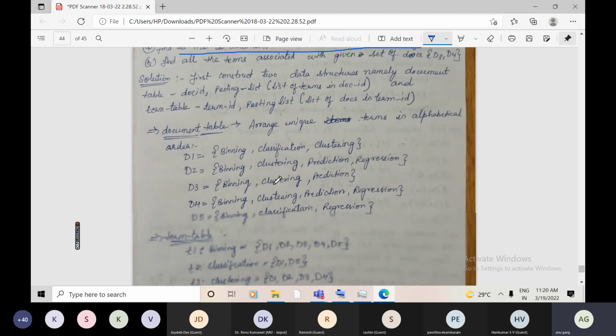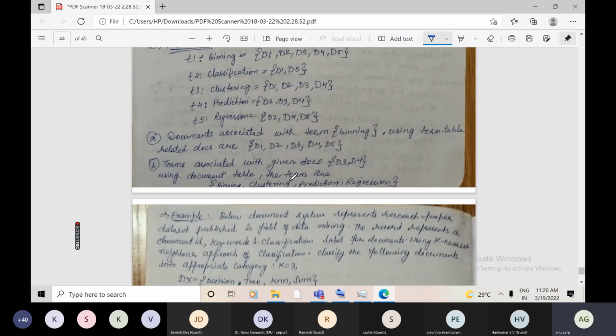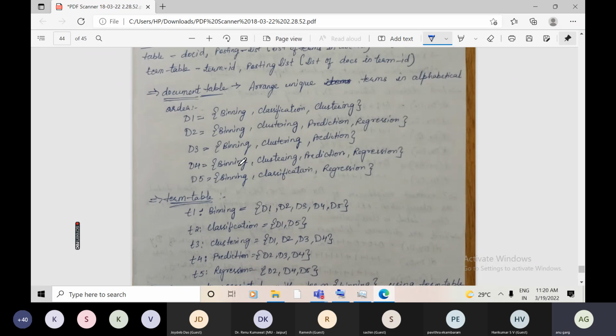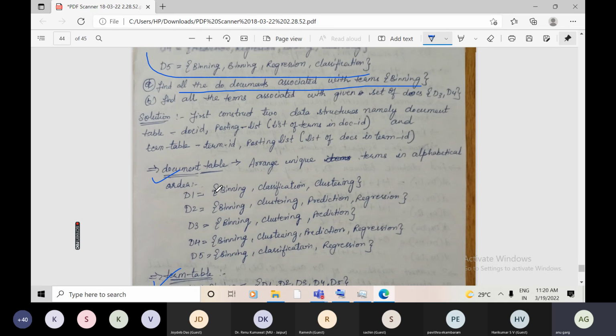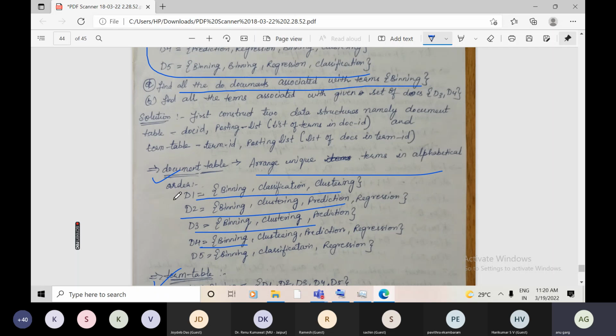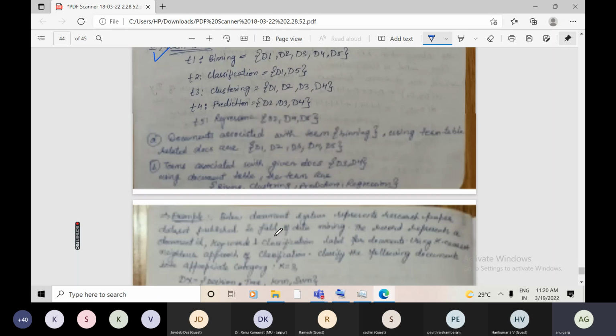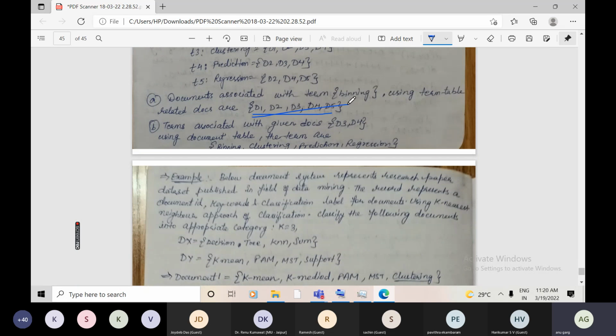We can write down our answers like this also. But in the key they elaborated it. They form a document table and a term table. In the document table, they arranged the unique terms in alphabetical order, and from whichever documents binning is coming, that is your answer: D1, D2, D3, D4, D5.